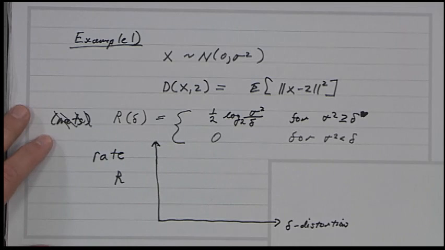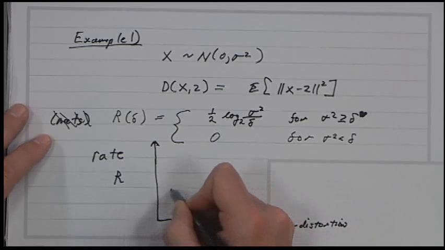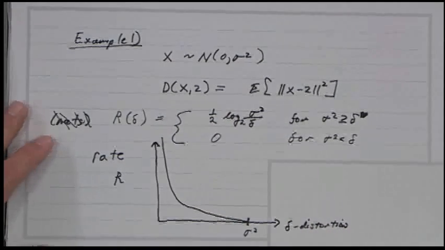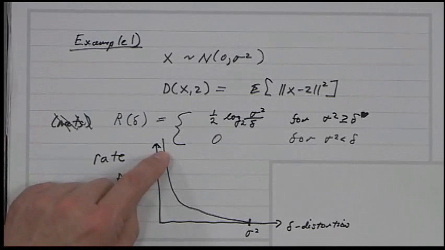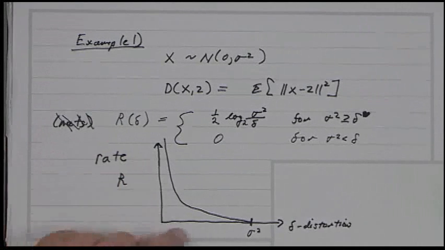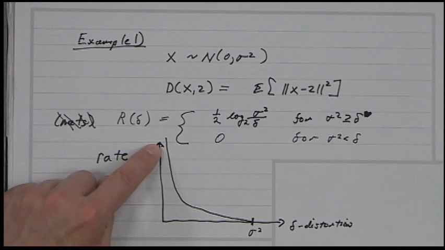At sigma squared, this touches, and as the distortion goes down, the rate goes towards infinity, because of the amount of bits it takes. This is the rate distortion plot.